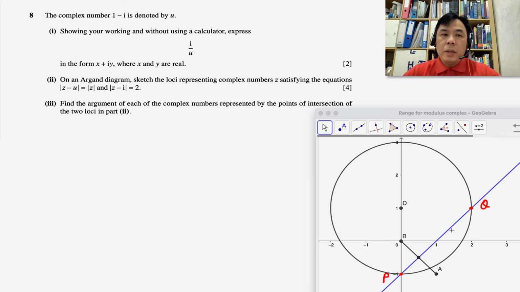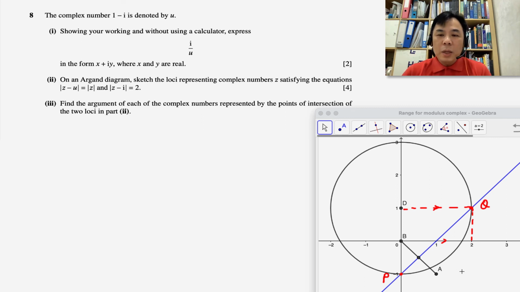Now, because the gradient of this line is 1, you will notice that it does pass through this point here. Right? And then the height of this point must be 1 unit because the gradient is 1 here. Okay, and then therefore this line is actually parallel to the x-axis. Right. Now, knowing that will give us more opportunity to solve these questions simply, I would say.